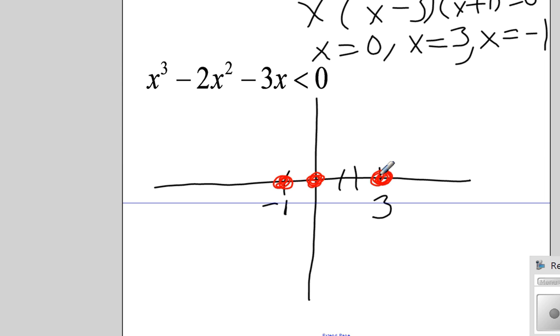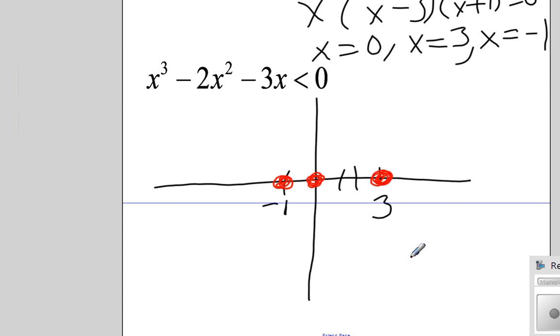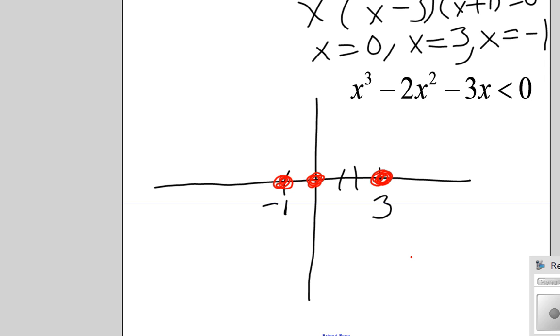Okay, this again has the same shape as the previous graph, but again, feel free to use your calculator to help you analyze what they look like.